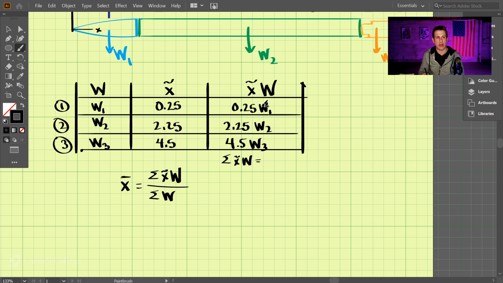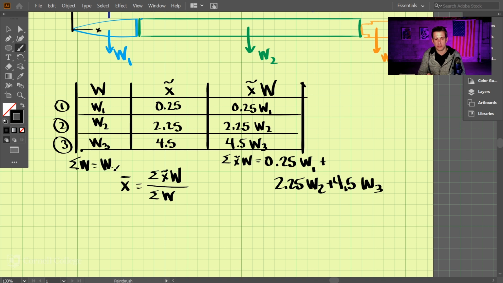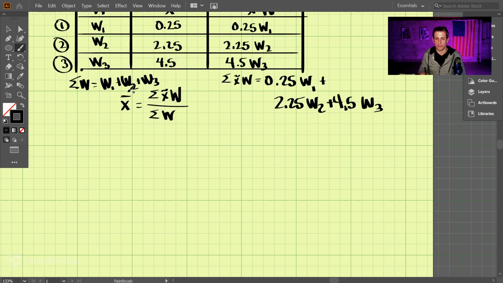So that means we would add up this entire column. And looks like that comes out to be 0.25 W1 plus 2.25 W2 plus 4.5 W3. And then we also need to add up the sum of all the weights here. And the sum of the weights equal W1 plus W2 plus W3. Okay, so to find the centroid now, we use this formula.